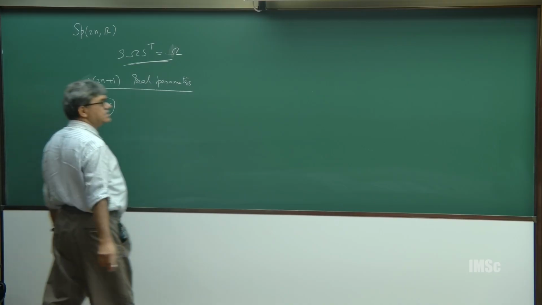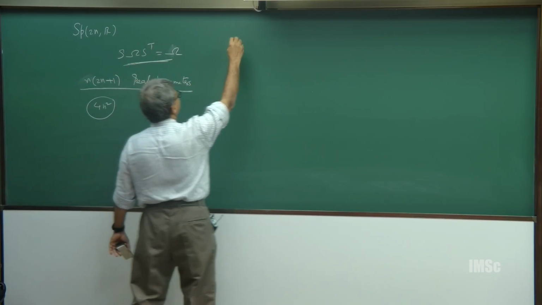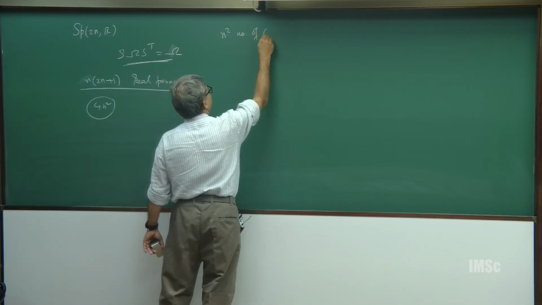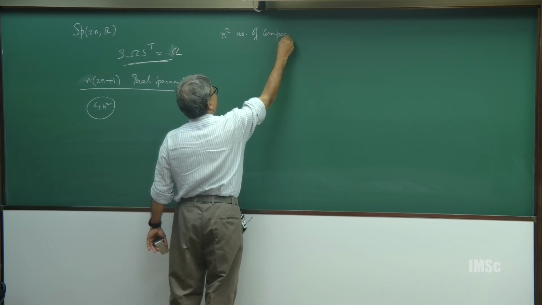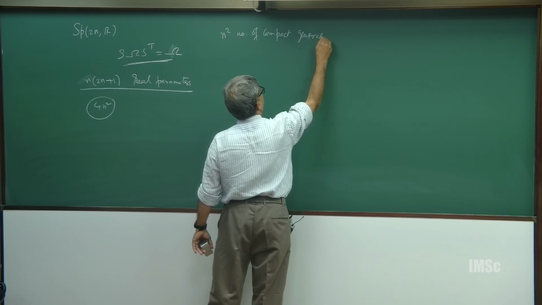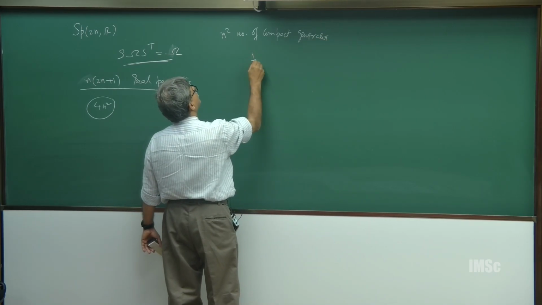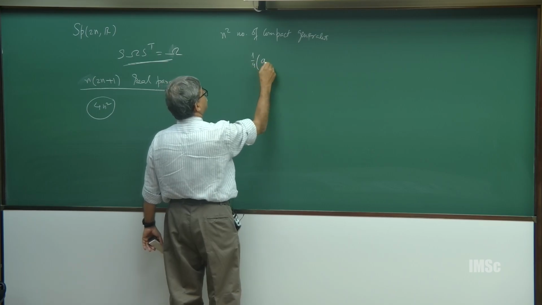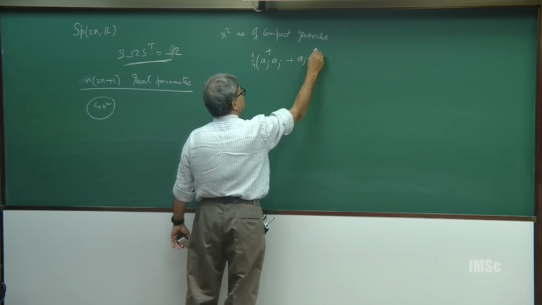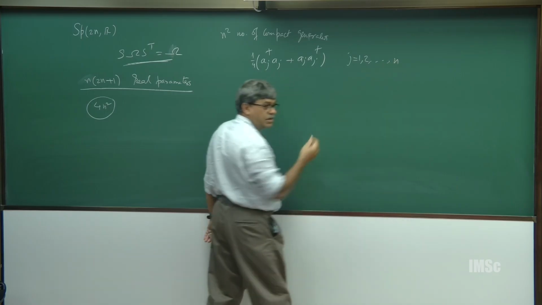And this is the reason that I said that this group has n square number of compact generators, which are of the form 1 upon 4 (aj dagger aj plus aj dagger aj), j equal to 1, 2, 3 up to n.